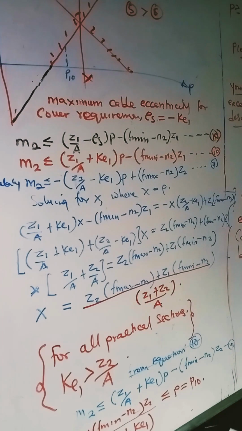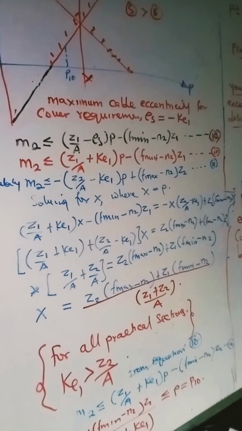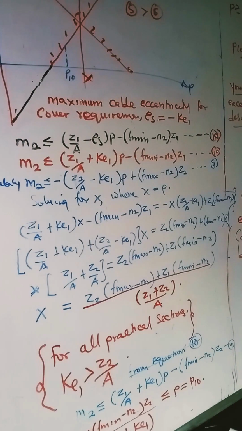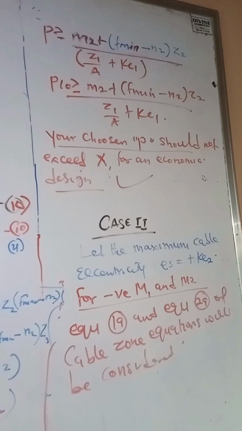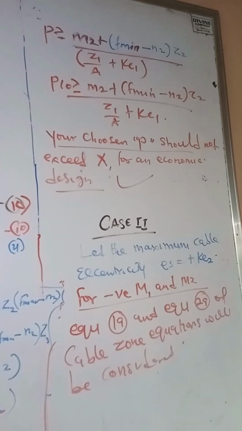Let's call it P10 for equation 10. The expression for P10 is M2 plus fiber stress minimum minus N2, and Z2, over Z1 over A plus Ke1. This is the first requirement for cover.